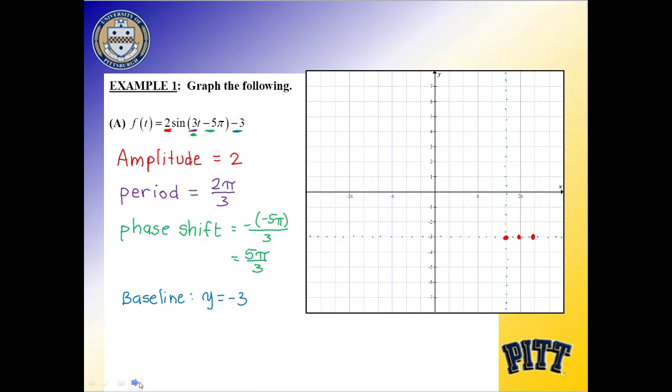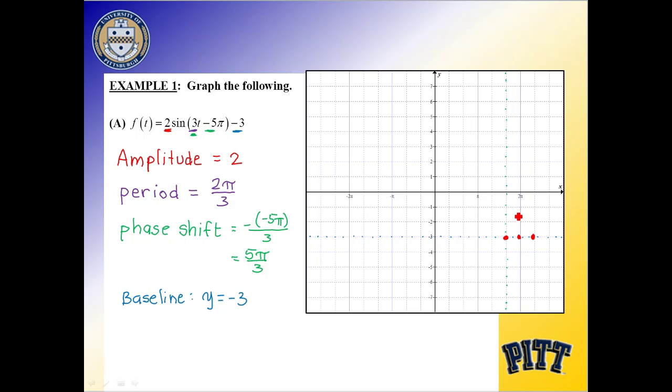I also know that exactly halfway between the start and end of a full cycle, the graph also passes through the baseline as well. So I know that in one full cycle, it's going to pass through the baseline at these 3 specific points. I also know a sine graph between the beginning of it and the next time it goes through the baseline is when it reaches its highest point.